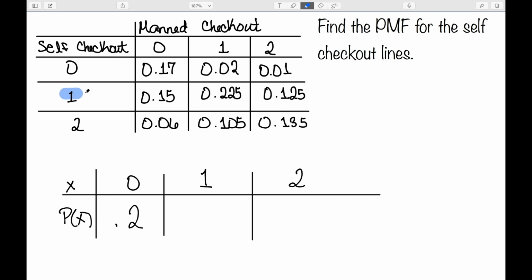For the probability that it's 1, we need to look at this row and add up these values: 0.15 plus 0.225 plus 0.125 gives me 0.5. For 2, we know that a PMF has to add up to 1, since everything in the sample space needs to add up to 1, so we can figure out that this is 0.3. But we should double check by adding up this row: 0.06 plus 0.105 plus 0.135 is in fact 0.3. So this would be the PMF for self-checkout lines.